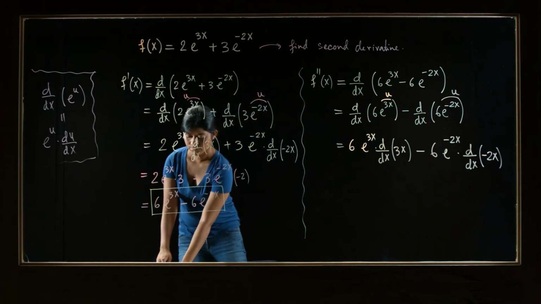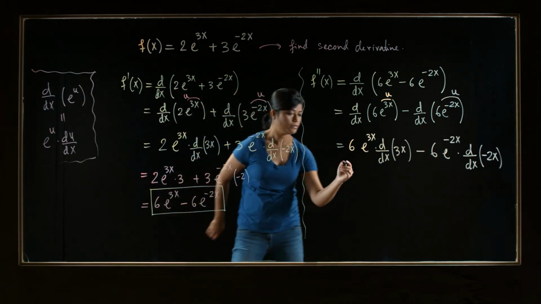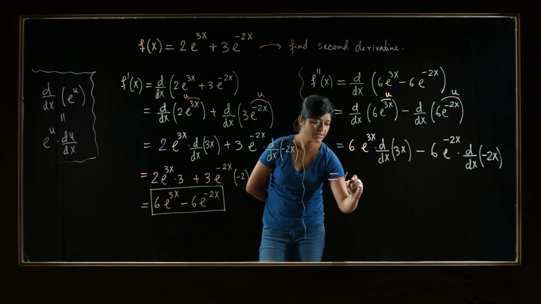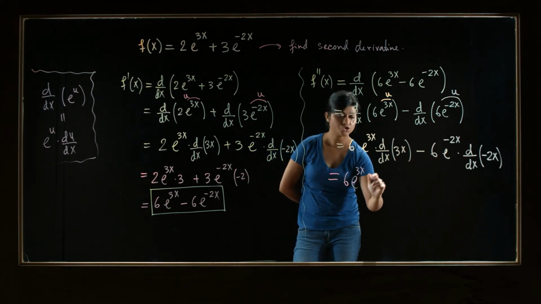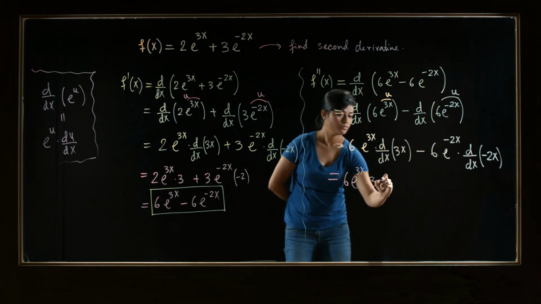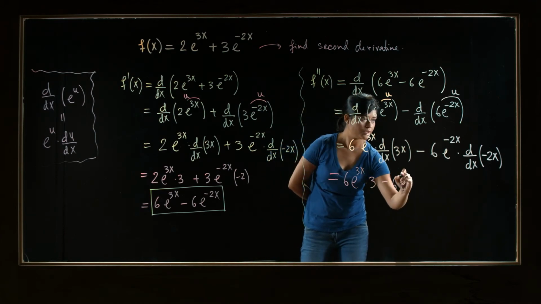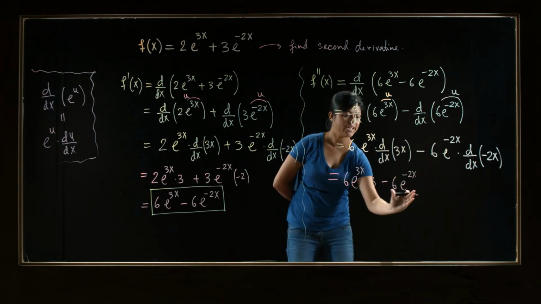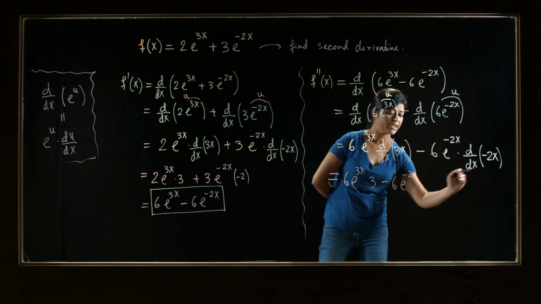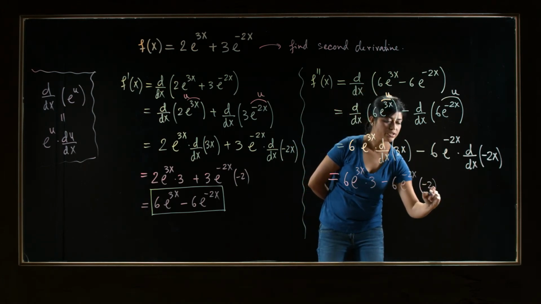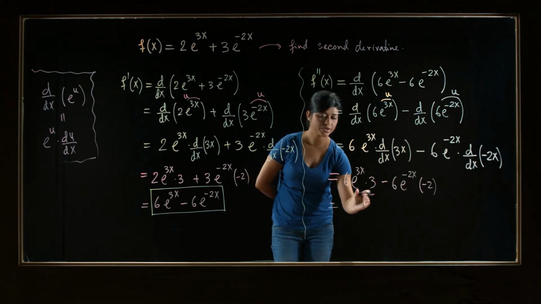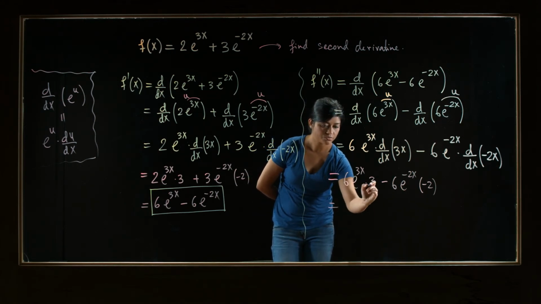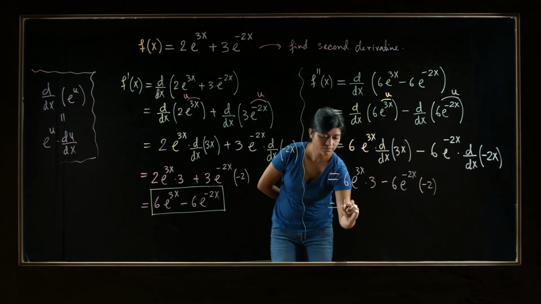Okay, let's simplify. So 6e to the 3x. Now the derivative of 3x is just 3. Minus 6e to the negative 2x, keep that portion as it is. And d dx of negative 2x is just negative 2. Then combine all the constants together. So 6 times 3 is 18.